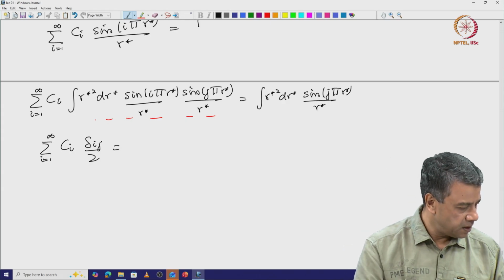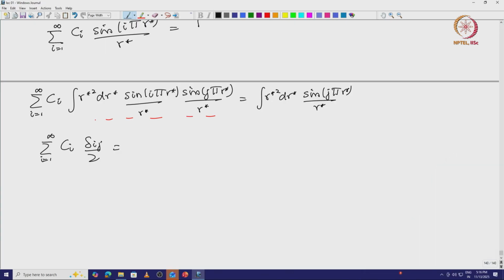On the right side I have to evaluate what this function is, and I have to do it by integration by parts. So the first term, this r will cancel out. I will first take r equal to u and sin j pi r equal to v, and the first term will be integral of cos sin j pi r times the derivative of r. So I get minus r star cos of j pi r star, between 0 and 1.